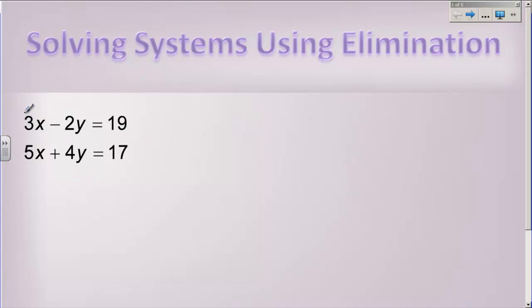So what I'm going to do is take this top equation and multiply it times 2. That way when I do this, I'll have a negative 4y here and they'll cancel. So this becomes 6x minus 4y equals 38. And to that I'm going to add the bottom equation.